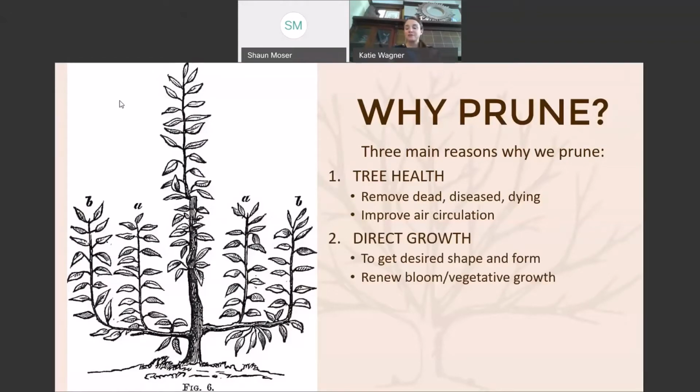We talked about this last time in the last lecture as well, directing growth. So getting your desired shape and form. I did tell the folks in the last session that fruit trees are kind of the exception to the rule.